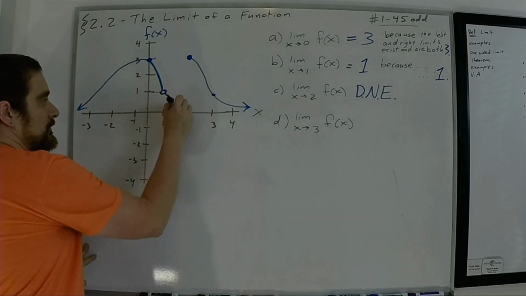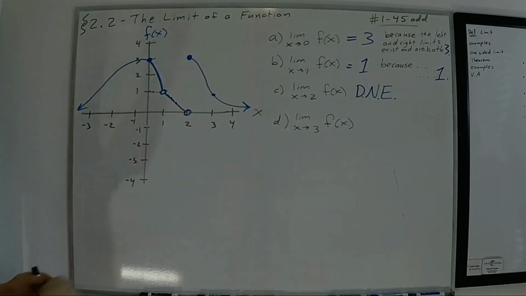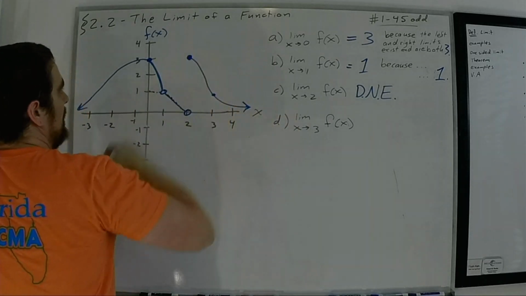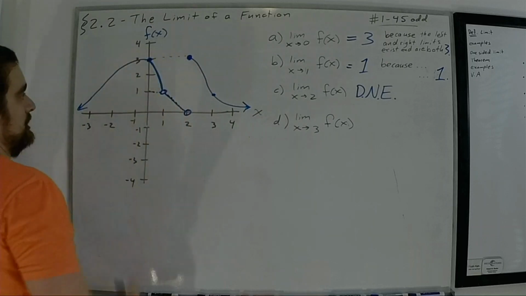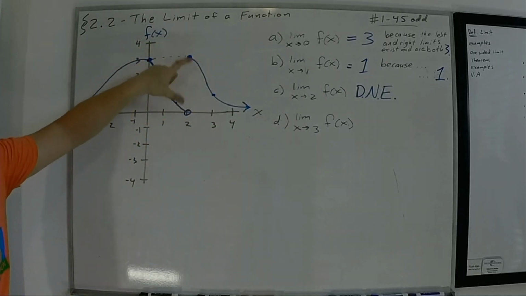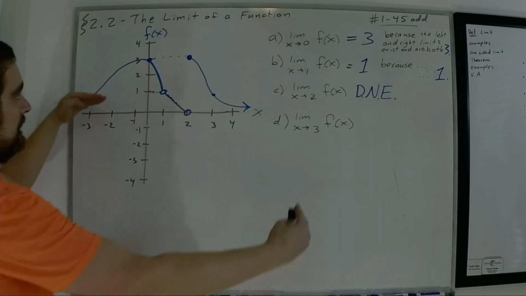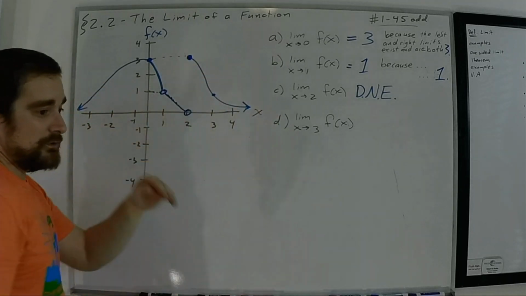As I approach closer and closer, I get to this constant 0 eventually. But as I approach from the right, I get to this value, 3. Whoa, those guys are way off. That's not the same L. L can't be in 2 places at the same time, and there's an infinite number of choices between those 2 choices. So from the left and from the right, I'm going 2 different directions.